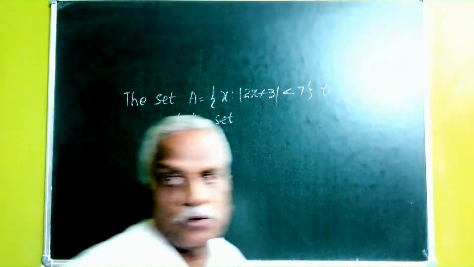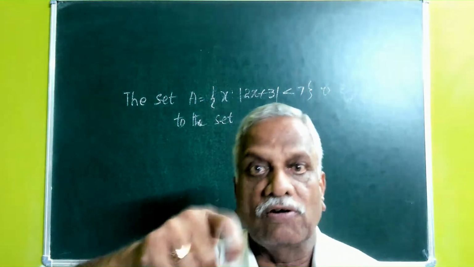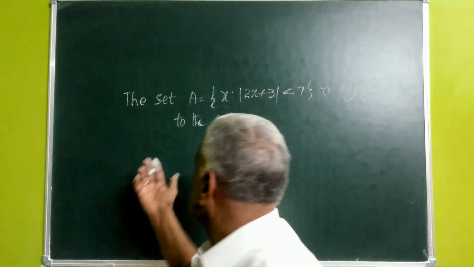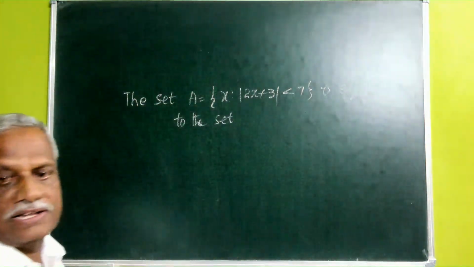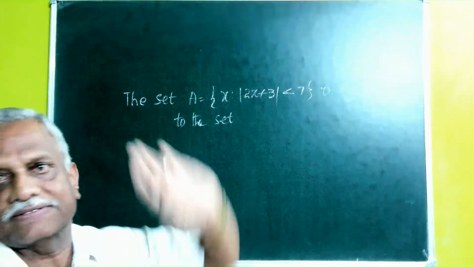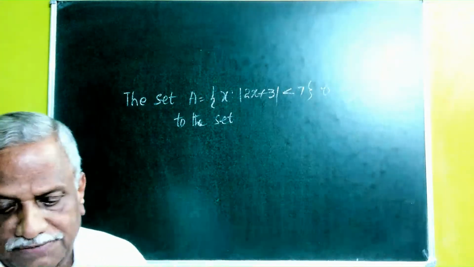See, in the last class I told you I will not be listing all the four options given. You'll only work it out, then you can just pick the right answer. So you have to find out what are the elements of this set. How do you find out the elements of this set?